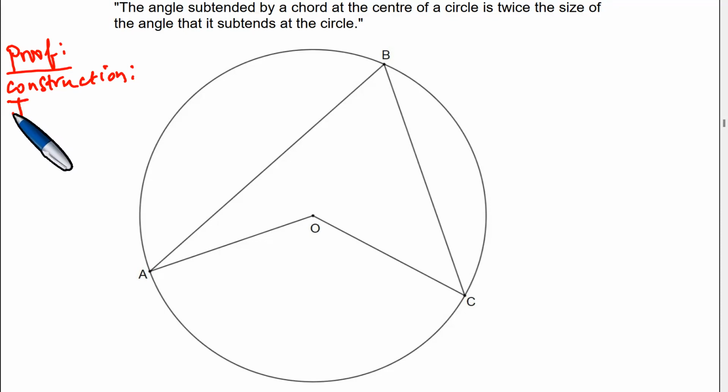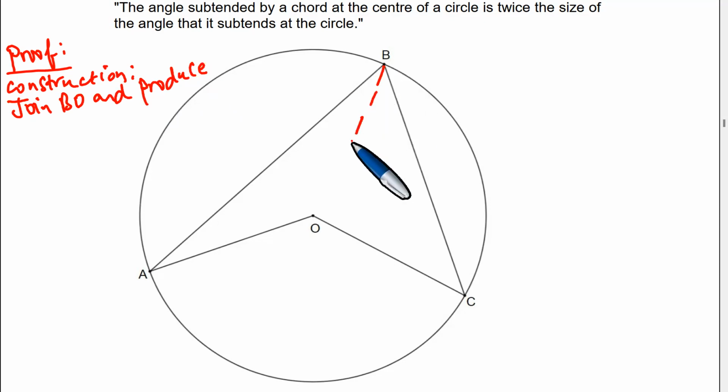So we join BO and produce. After having joined BO, we're going to have the angles here, call them 1 and 2. So there's B1 and B2. We have exactly that one.